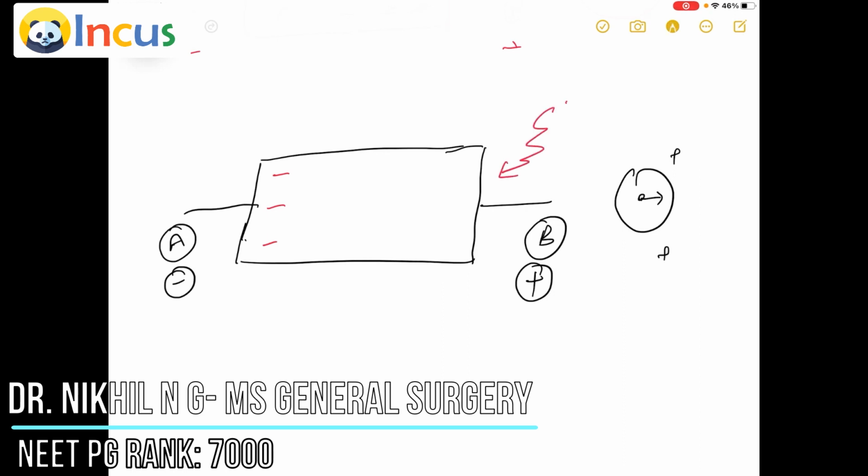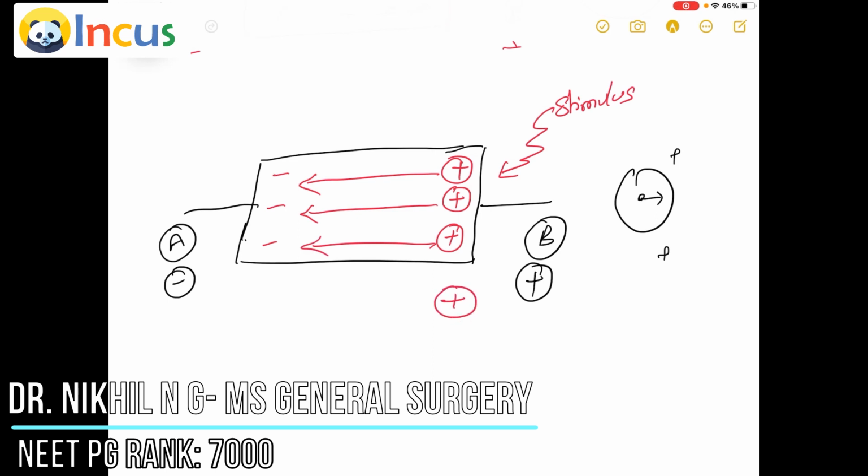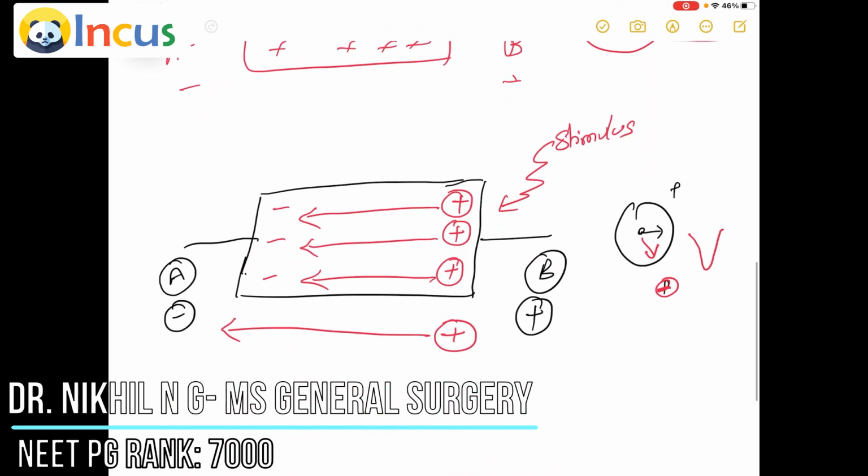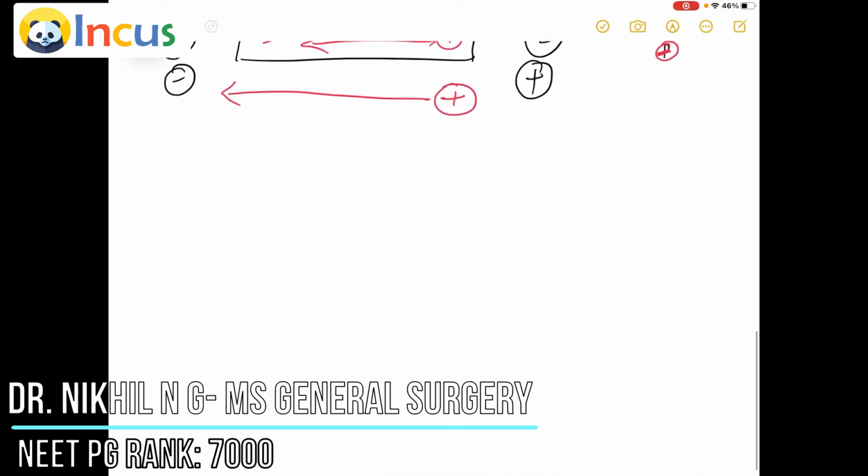Now you are stimulating the cardiac tissue at end B, the ventricular end, so positive charges form. These positive charges start moving towards terminal A. The positive charge is moving towards terminal A, that is, plus charge is moving towards the minus terminal, so you get a negative deflection over the ECG paper. Plus into minus is minus, you get a negative deflection.